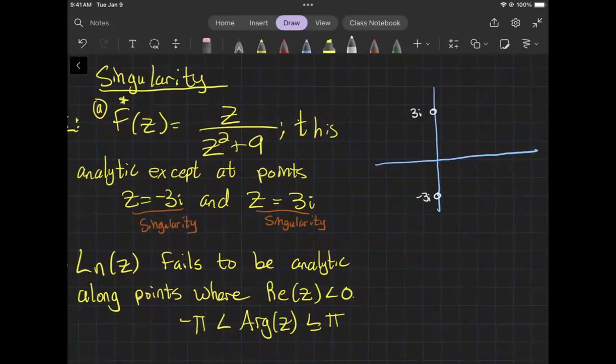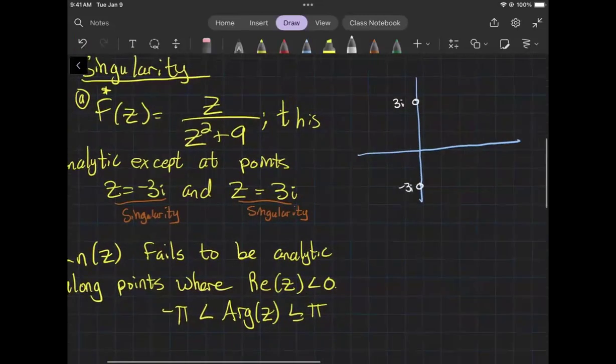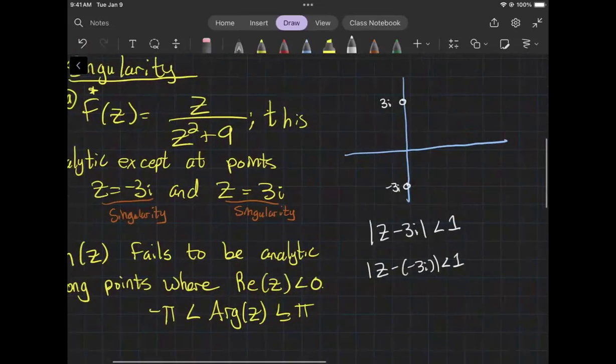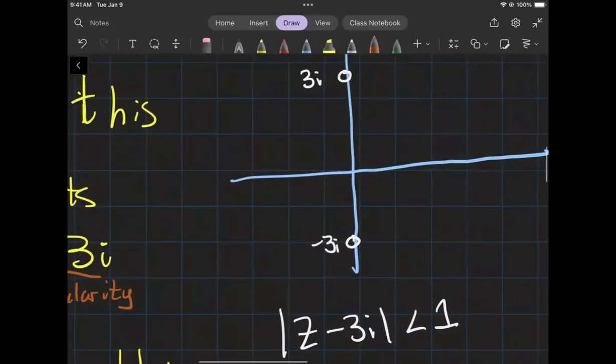We can figure out a circle: z minus negative 3i with absolute value less than 1, so we can figure out a punctured open circle with radius 1.